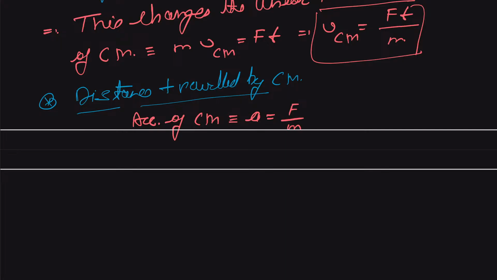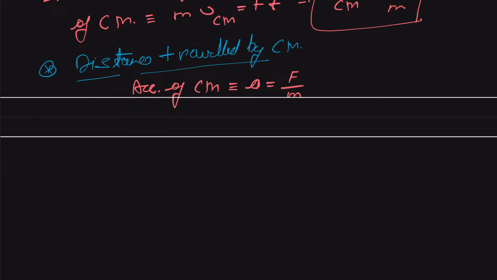And the rod initially was at rest. Therefore, we can use our kinematics equation and get the distance formula.